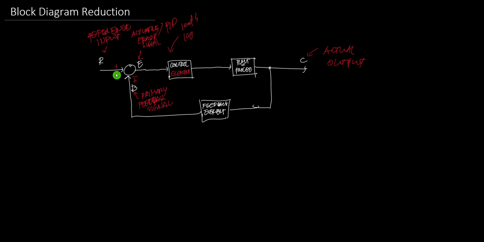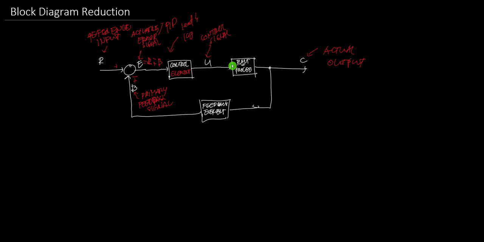And basically, it's just equal to R minus B. It's the difference. Then that will be the input of the control element. Then the control element has an output again. We usually call it U. And this output is what we call the control signal, or manipulated variable. Some books use manipulated variable, or control signal.